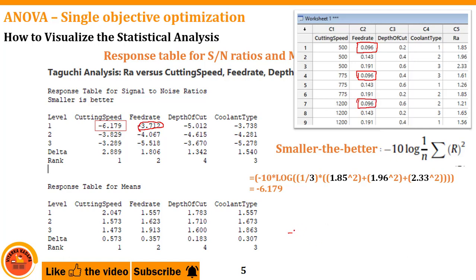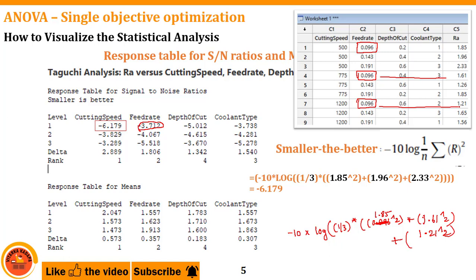So what I will do is minus 10 into log of 1 divided by 3 multiplied by, sorry, at 0.96 we are having 1.85 square. Next, regarding this one, we are having 1.61 square plus 1.21 square regarding this one, whatever the value. So these values we have to do, and we will get the value as minus 3.172.